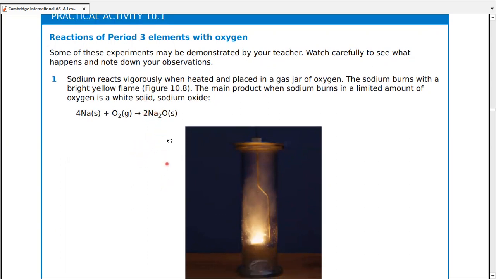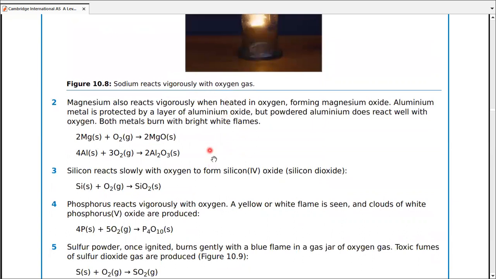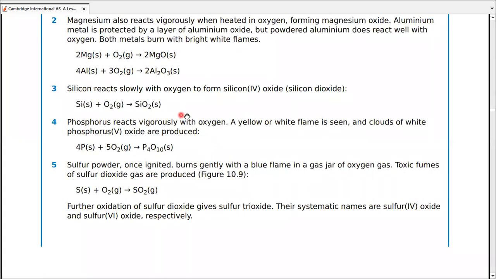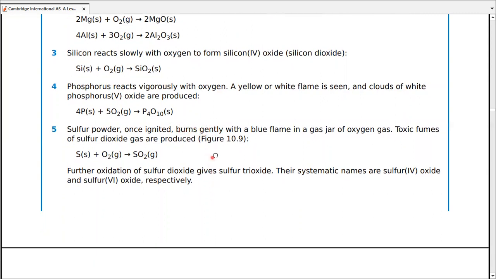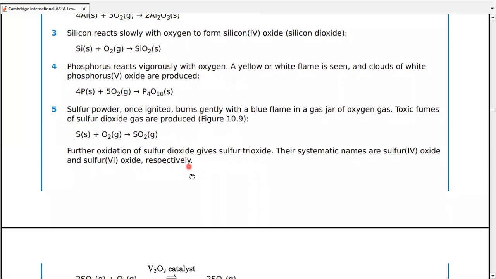For example, this one is a white solid. For example, both of them are powdered white solids. We don't usually talk about this one, but when it comes to phosphorus, clouds means they're producing small particles of phosphorus(V) oxide solid, which act as a cloud. Now, toxic fumes means it's gaseous.